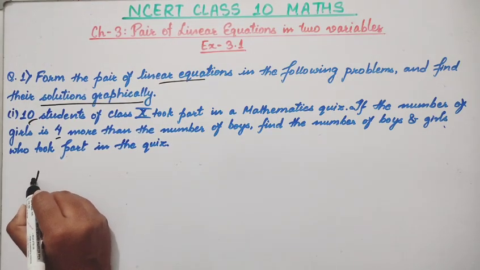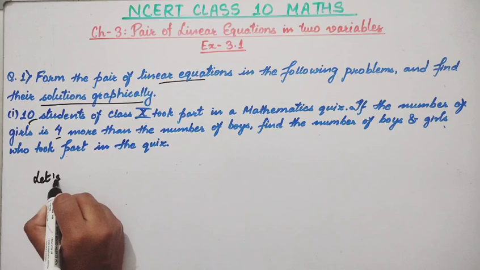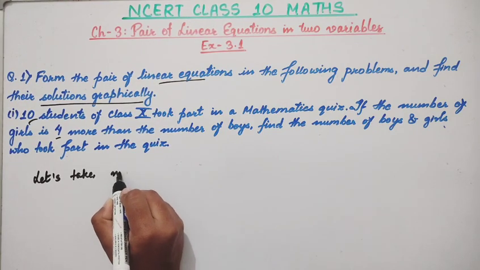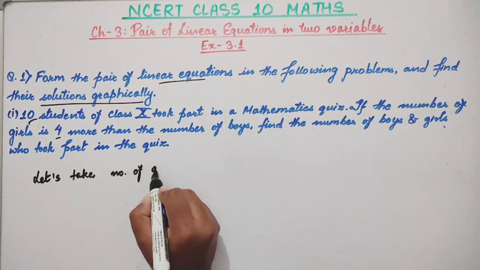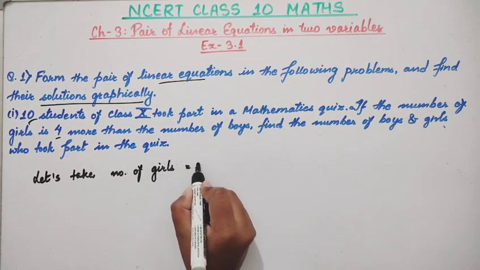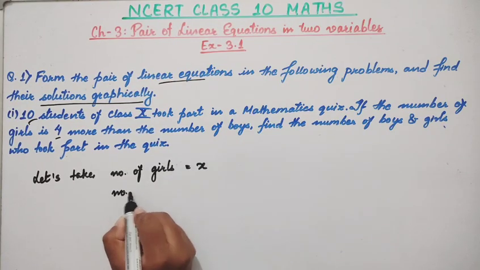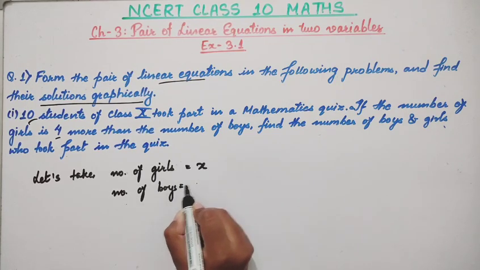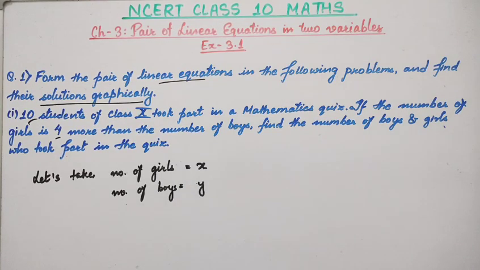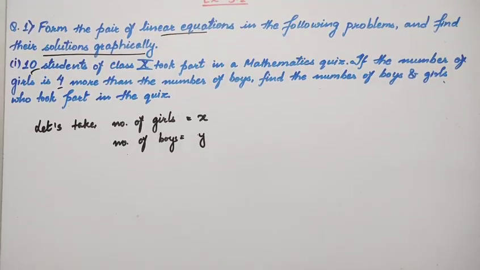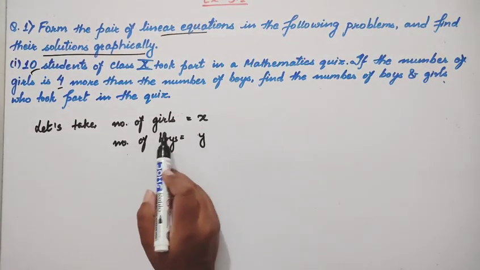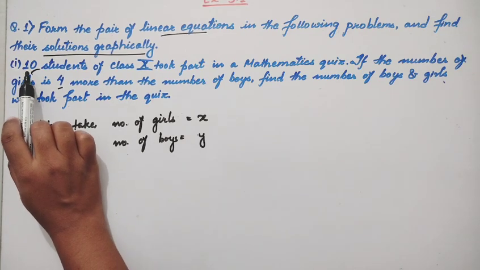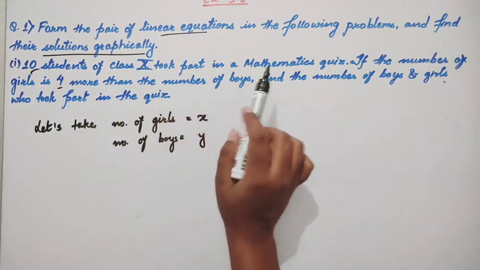Let's find the solution. First of all, let's take number of girls to be X and number of boys to be Y. Over here, when we say number of girls is X and boys is Y, we can formulate an equation from the first part of the question, that is 10 students of class 10 took part in mathematics.